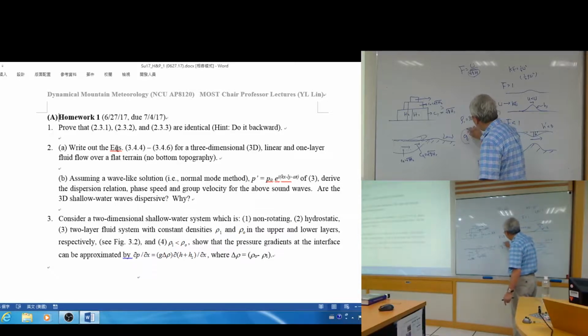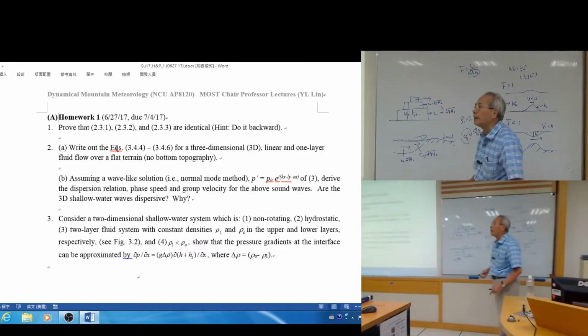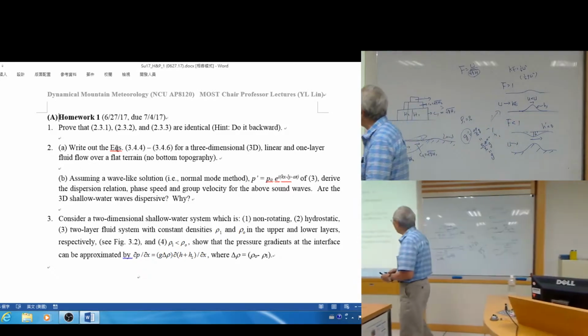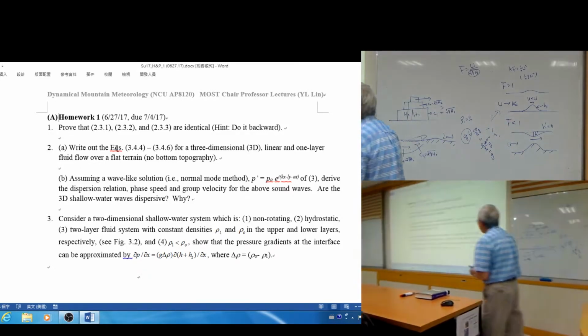You just change g prime to g, so the equation becomes simpler, and then you follow what I did.